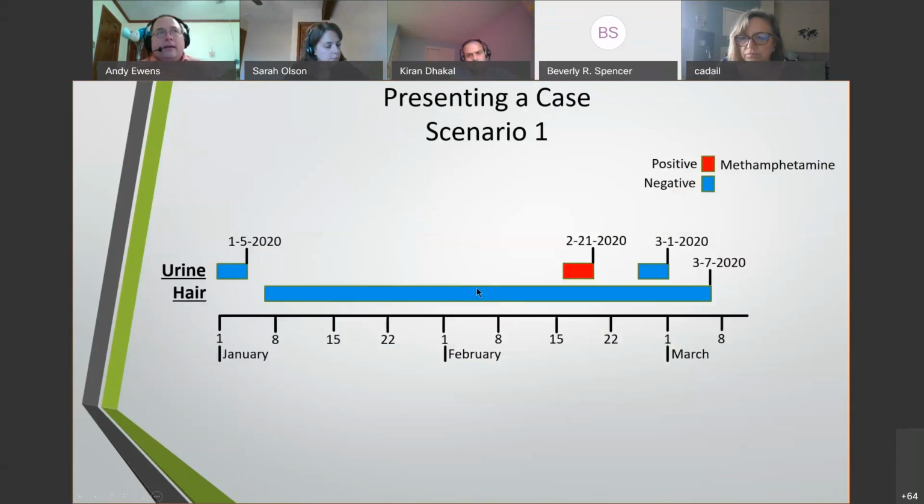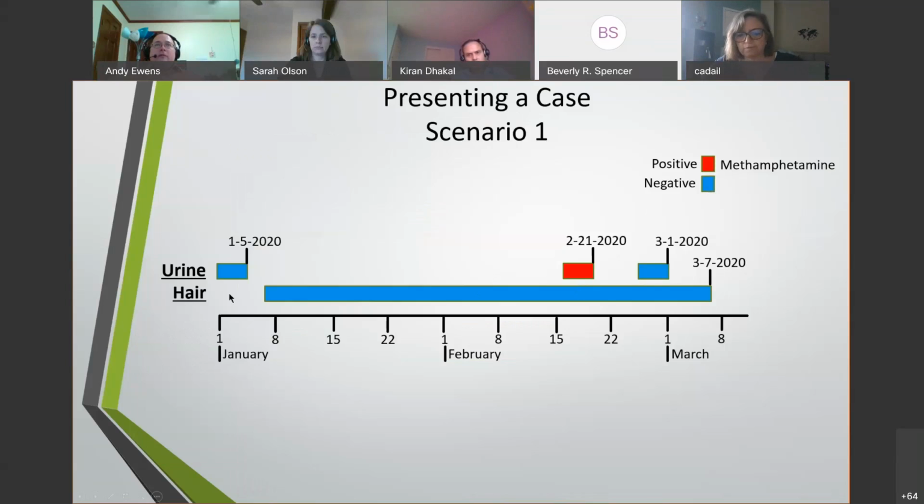So if I get a case where I've got urine and hair tests or blood and hair tests, I like to make a timeline to kind of explain what all the information means. So here we've got scenario 1. All the positive tests are in red, all the negative tests are in blue.